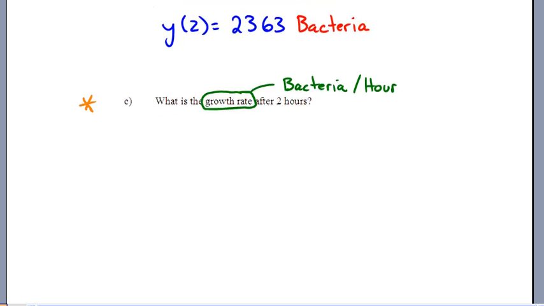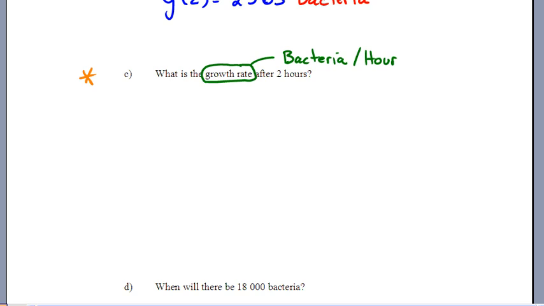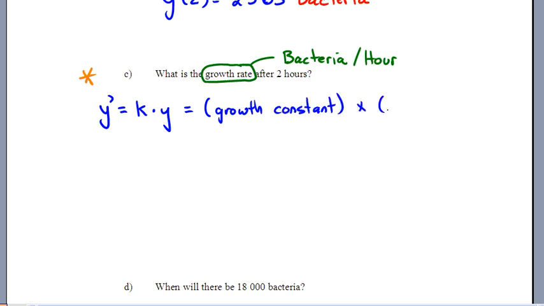It's really nice to do this using the calculus because we had this differential equation that said, y prime, which is this derivative we're after, it's actually just equal to k times y. In other words, it's just equal to that growth constant, which we already know, multiplied by the population size.